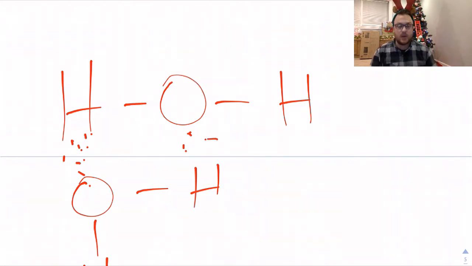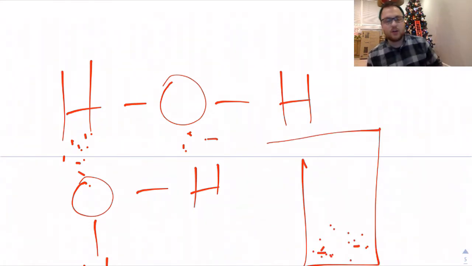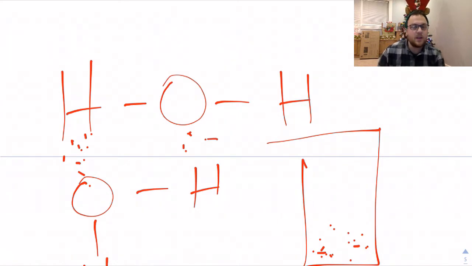So if we imagine water as a particle diagram, they're going to be behaving more like a liquid. They're going to be more ordered, right? Less entropy, closer together. Trinity, I'll go over that in a minute. Closer together, therefore, it's a stronger IMF. A stronger attraction means a stronger IMF, which means a higher boiling point.